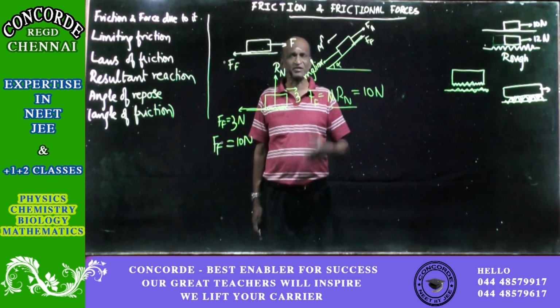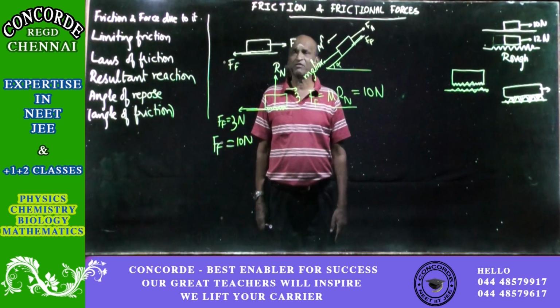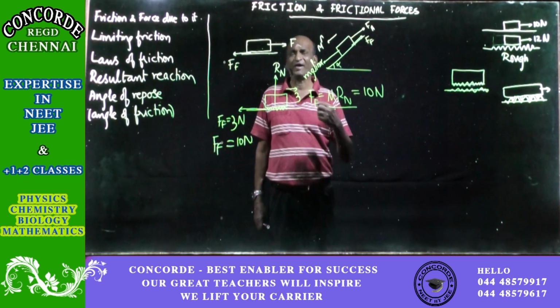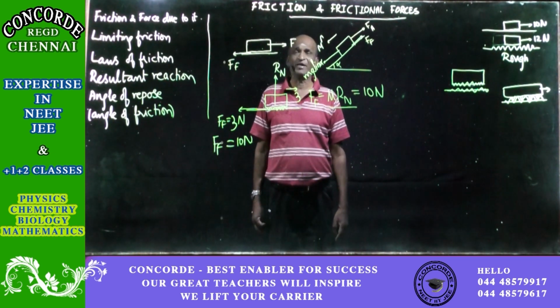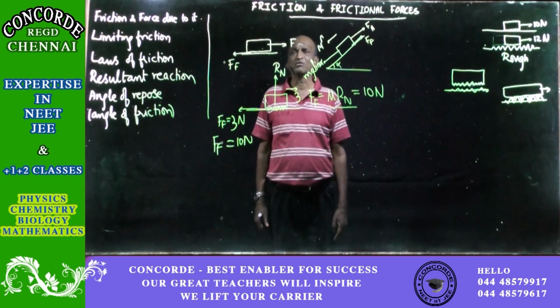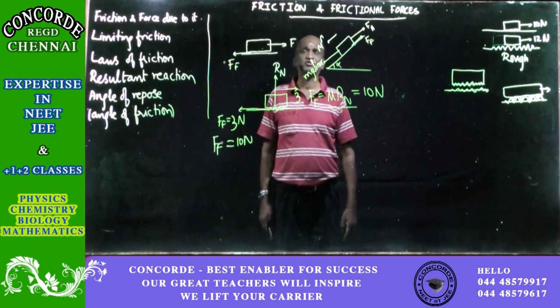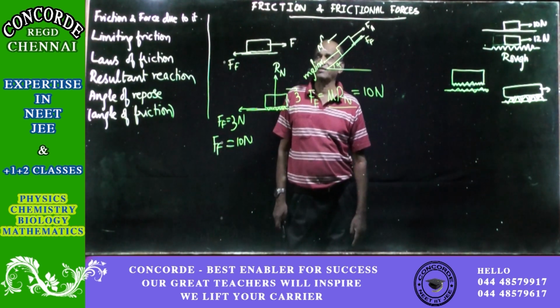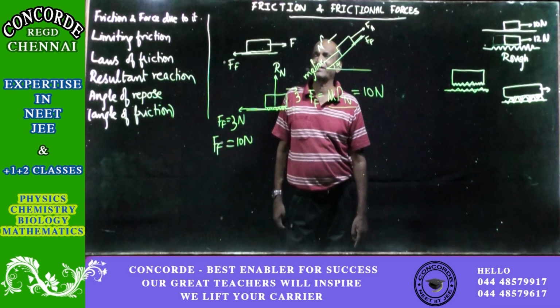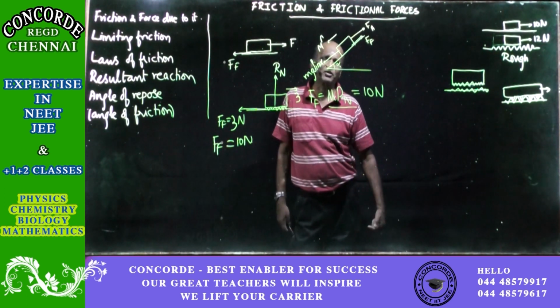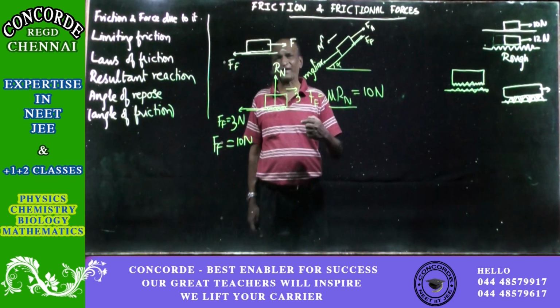What is limiting friction? There, if you look, it will be given as I have just explained: the maximum value of friction, as friction goes on increasing before that. What is limiting equilibrium? It is the stage when the body is at the point of moving, when the limit for equilibrium has been reached.